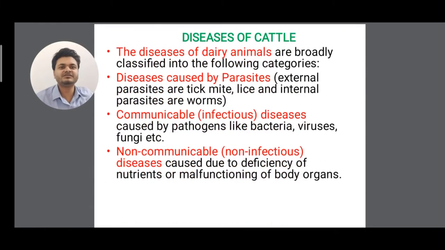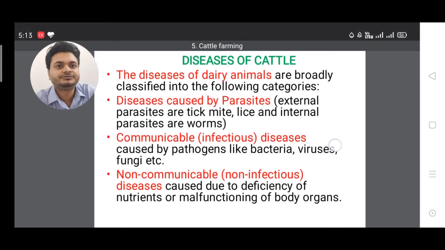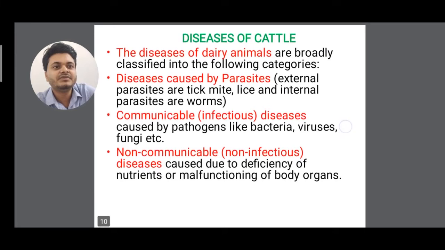So these are the diseases of cattle. Diseases of dairy animals are broadly classified into the following categories: diseases caused by parasites, communicable or infectious diseases, and non-communicable or non-infectious diseases.